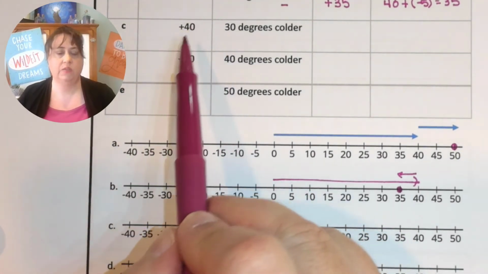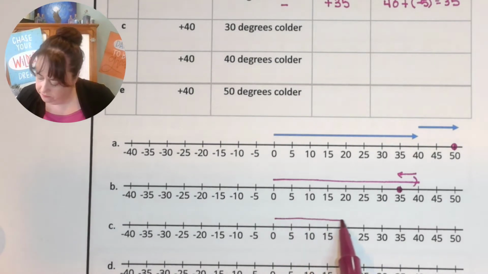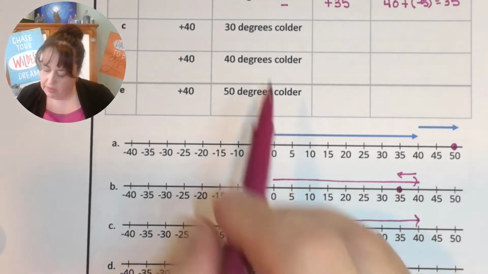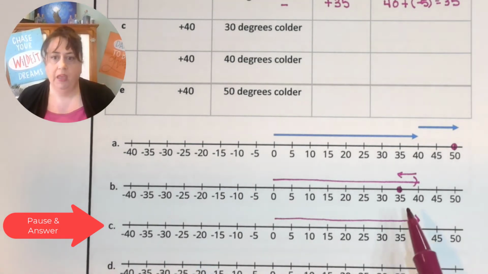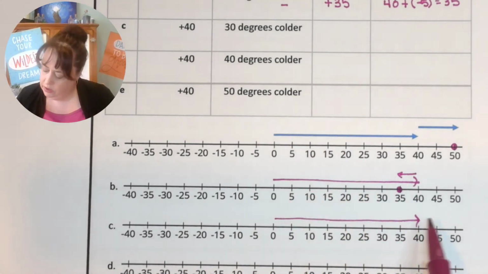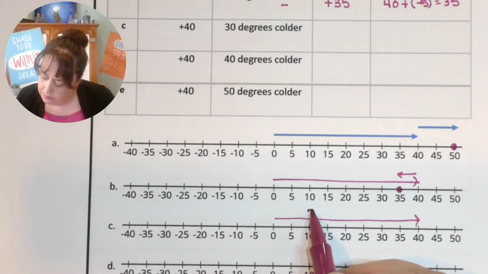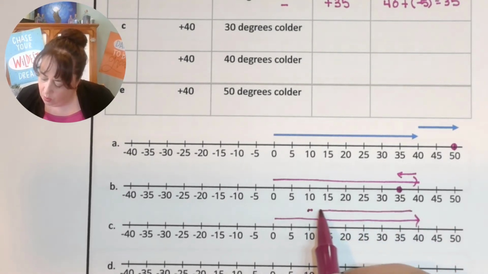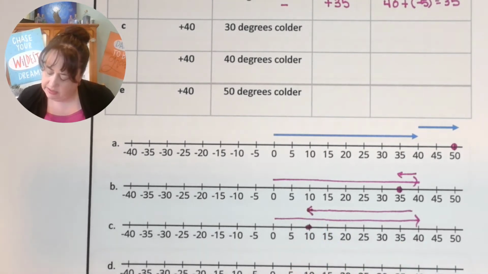So let's look at the next one. 40 degrees, again, and 30 degrees colder. So go ahead and pause it and see if you can get that arrow going in the right direction. 30 degrees colder. So there's 5, 10, 15, 20, 25, 30. But we have to get colder, so we have to go backwards, and we end up at a positive 10.